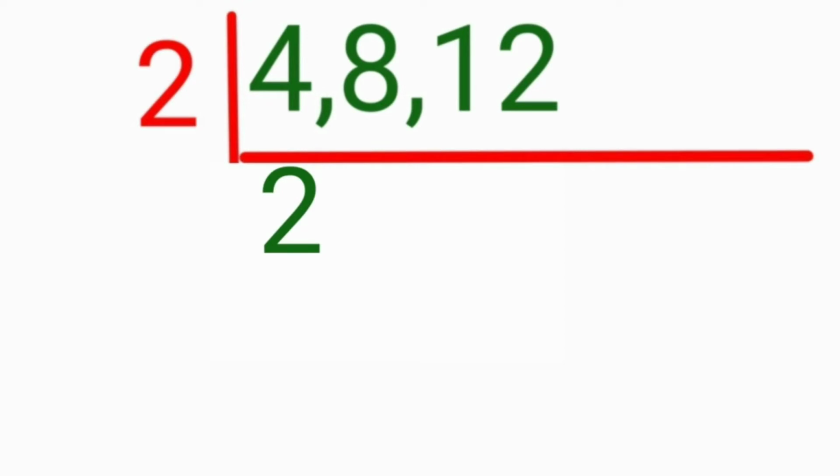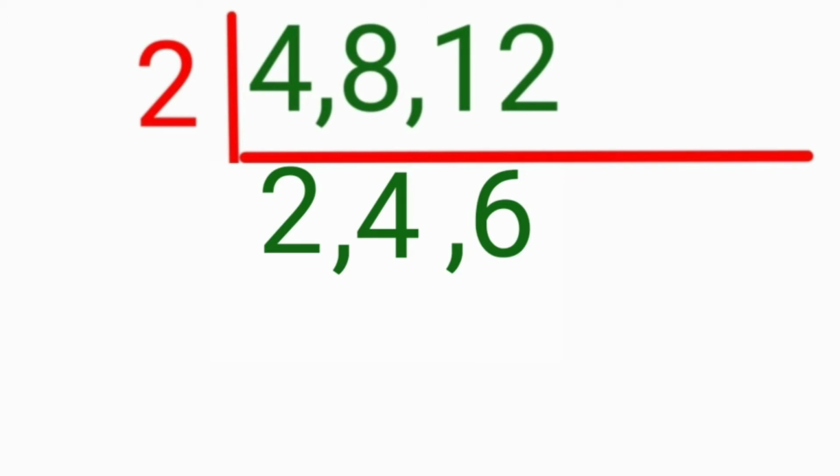So we write 2 below 4. Now how many 2's are in 8? 4 2's are in 8. So we write 4 below 8. Now how many 2's are in 12? Yes, 6 2's are in 12. So write 6 below 12.